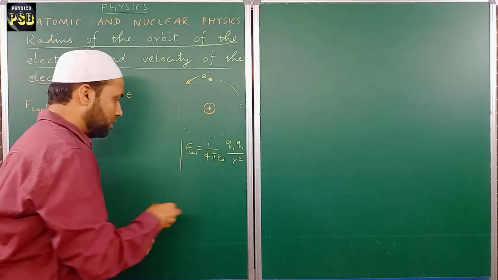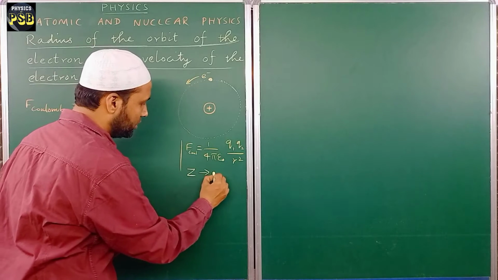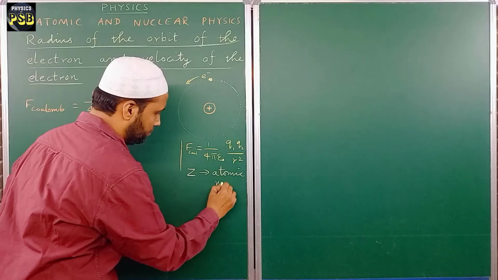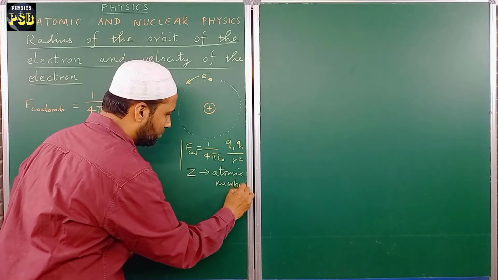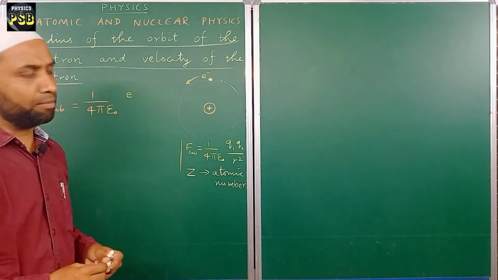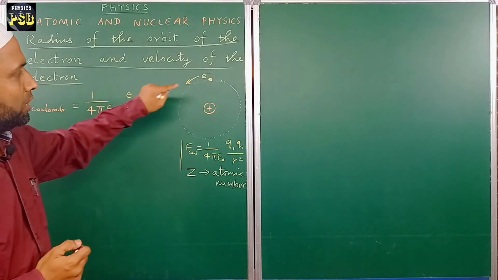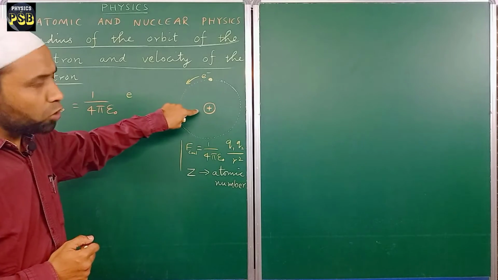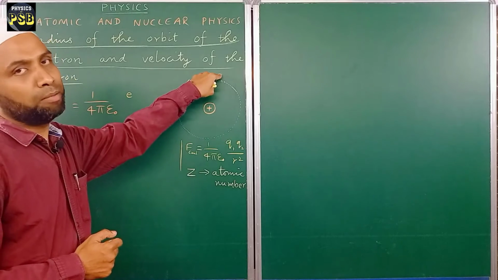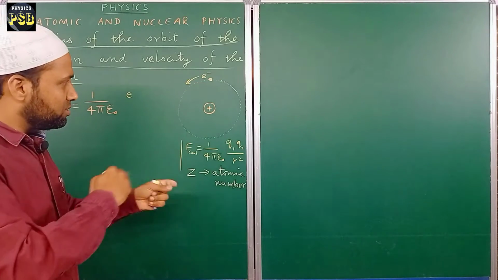Z represents the atomic number. Atomic number means the number of electrons present in an atom. You know the number of protons in the nucleus is equal to the number of electrons present in that atom.